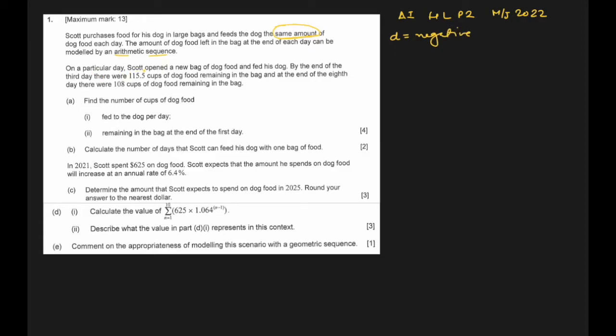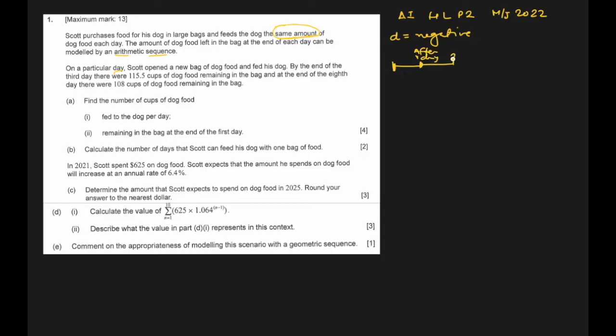On a particular day, Scott opened a new bag of dog food and fed his dog. By the end of the third day, there were 115.5 cups of dog food. So he starts with a full bag, and after 1 day there will be some food left.